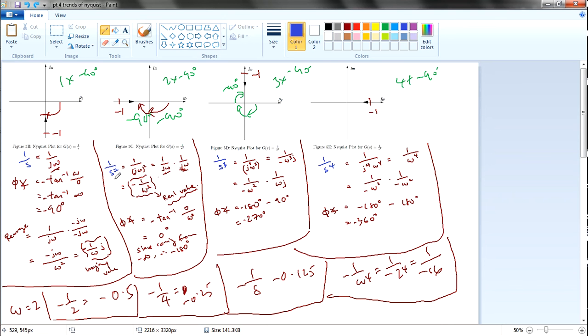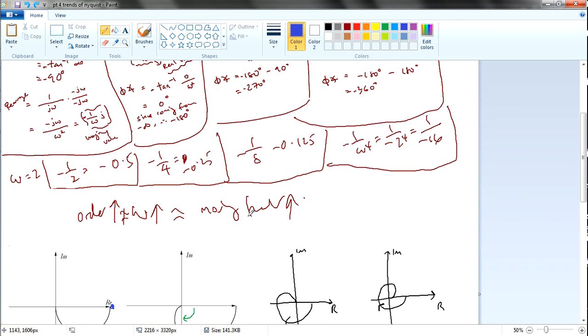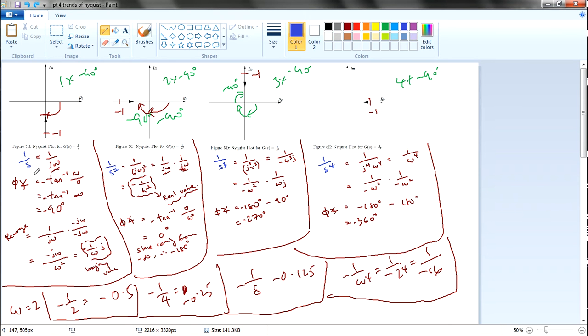So the integrator itself is flipping your root locus, your poles. If you multiply integrator times integrator, you're actually flipping each other. Let's say you multiply one over s, and then you multiply another 1 over s. At first, 1 over s is minus 90 degrees, and after you multiply another 1 over s, you're flipping another 90 degrees again.